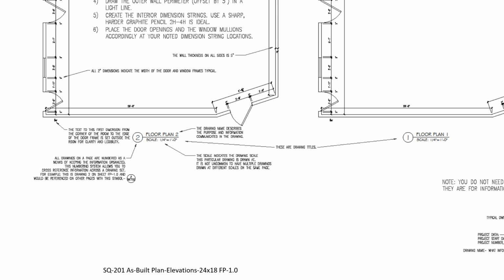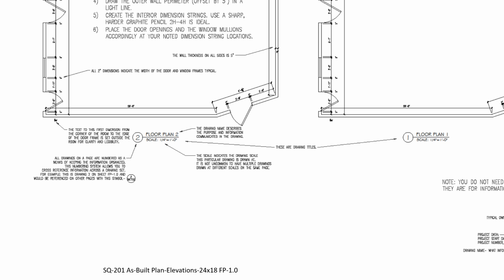It's a circle with a horizontal line splitting it in half. There is a 2 on the top, saying it is referencing drawing number 2, and below the 2 in the lower half it says FP 1.0, which is the title of this particular drawing sheet. And if you look over, if it was referencing this first drawing, it would have a 1 on top and say FP 1.0.